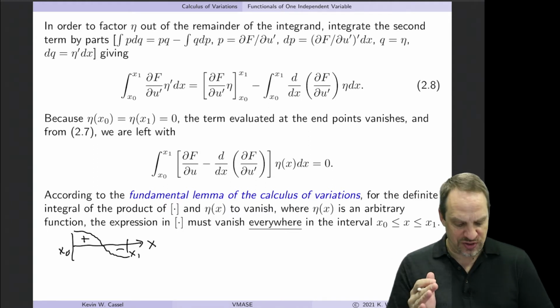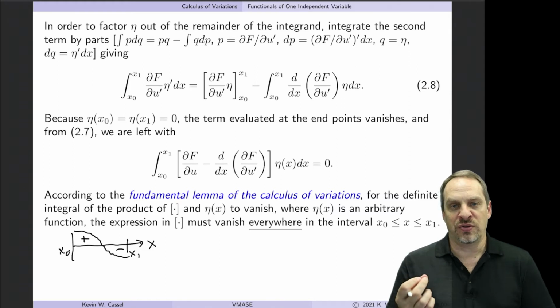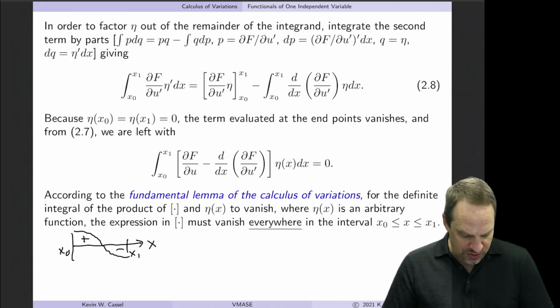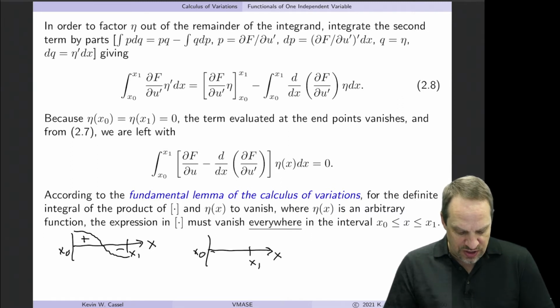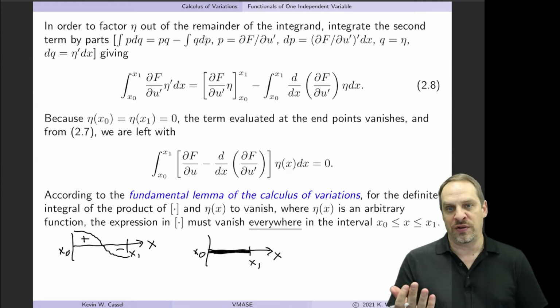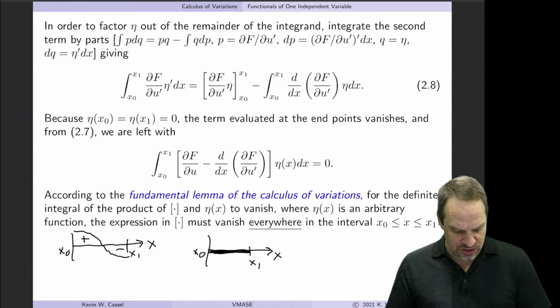They cancel each other out, and the definite integral from x0 to x1 is 0. That's one possibility. The other possibility for a definite integral to be 0 is if the integrand itself is 0 all the way across.